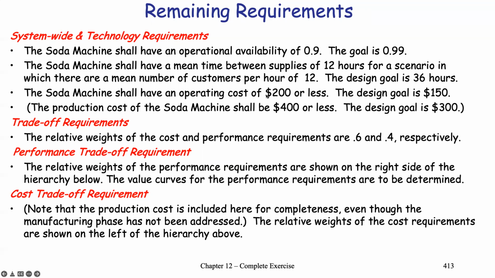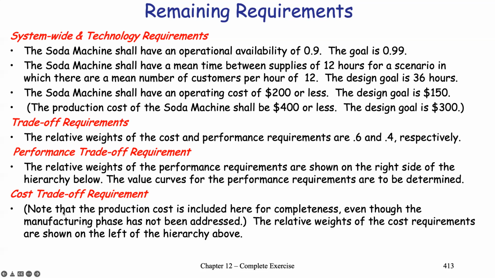There can be technology requirements, and so we get into availability, stuff like that. Trade-off requirements: the relative weights of the cost and performance requirements are 0.6 and 0.4, so cost is a little bit more important than performance. That's the way they view that. The relative weights of performance requirements are shown at the right side of the hierarchy, as shown in the textbook.